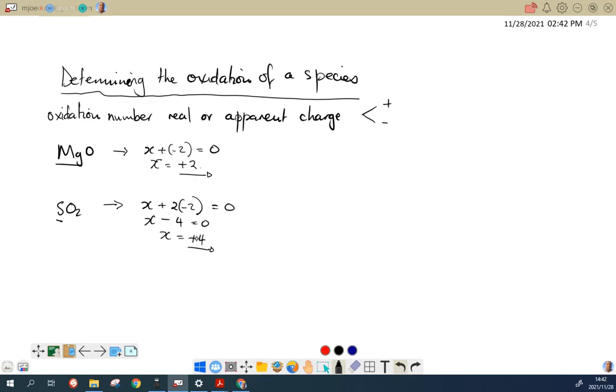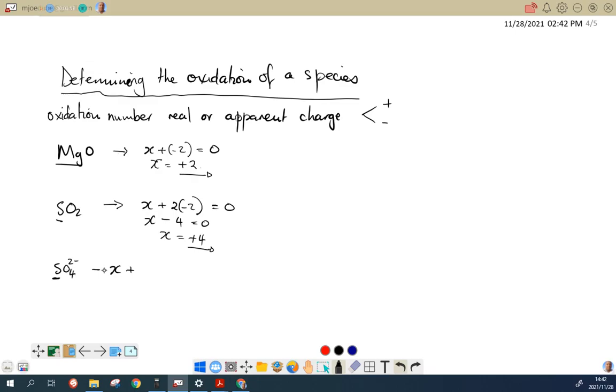Take note that we indicate and show the charge that the species is carrying. So if we've got something like SO4 2-, that is the charge of a sulfate ion, and we want to know the oxidation number of the sulfur in that sulfate ion. How are we going to do it? The same way. So we say our unknown is x plus, how many oxides do we have?